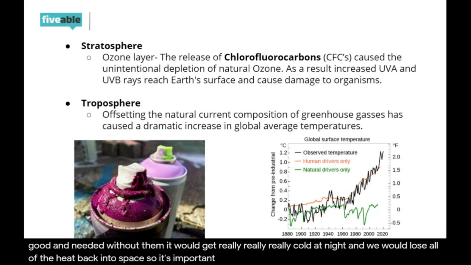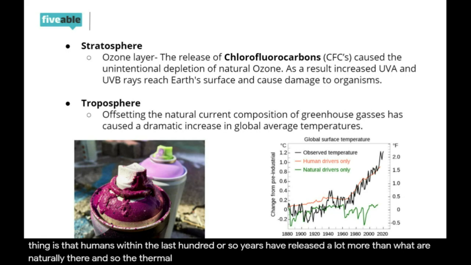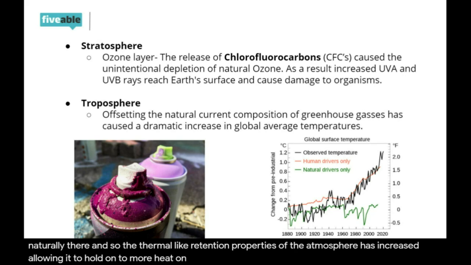So it's important that we have those greenhouse gases. The only thing is that humans within the last 100 or so years have released a lot more than what was naturally there. And so the thermal retention properties of the atmosphere have increased, allowing it to hold on to more heat on average.